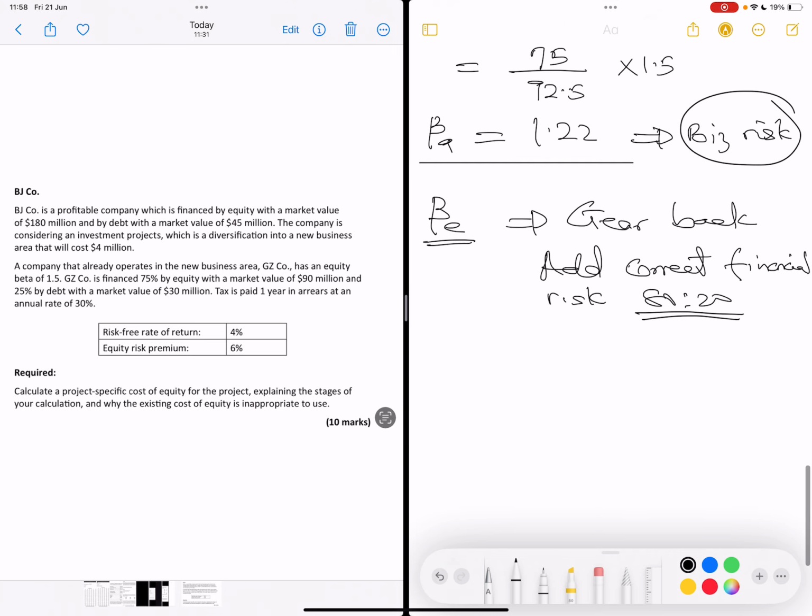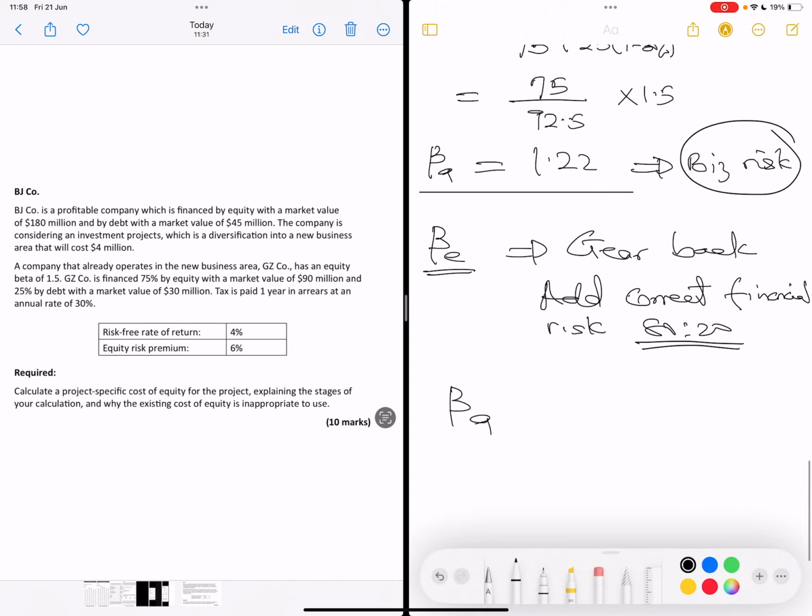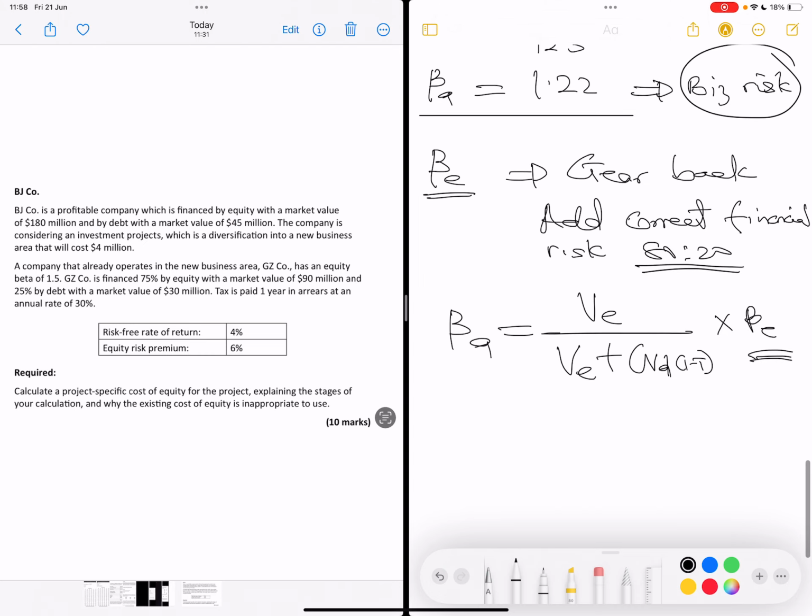We fund by 80/20, and that means we still use the same formula that says beta asset equals volume of equity into bracket volume of equity plus volume of debt into bracket 1 minus t times beta equity. Now we want to calculate this beta equity, but we know the beta asset is now 1.22, so 1.22 equals volume of equity is 80 over 80 plus volume of debt is 20 into 1 minus 30% multiplied by beta equity that we want to get.